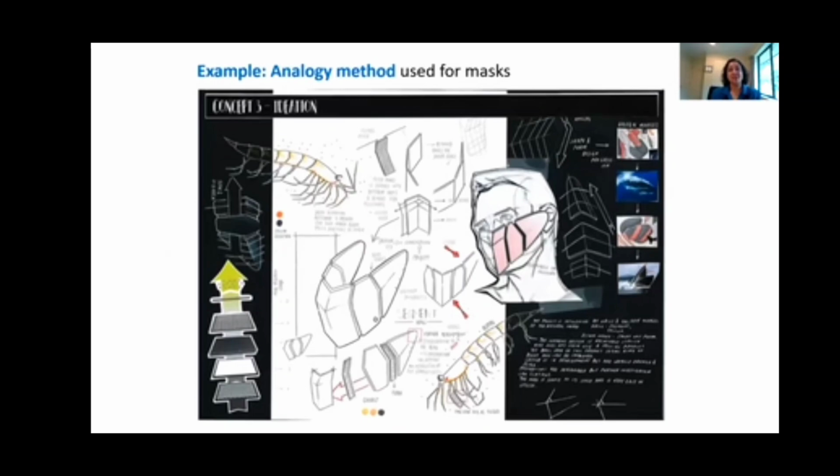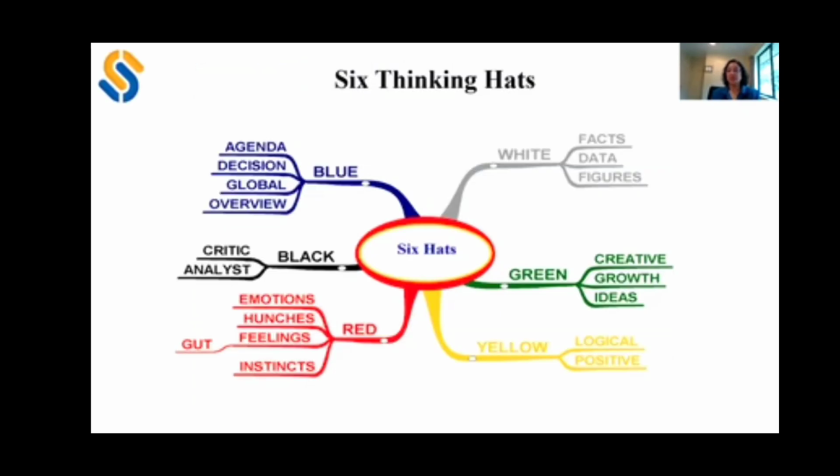This is an example of analogy used for masks, where this person has looked at a lobster and has adapted those compartments of fixing it around the face in little parts. So you can think about that. Look at Biomimicry by Janine Benyus, and that's on TED.com. So have a look at how engineers and innovators look at nature and come up with ideas.